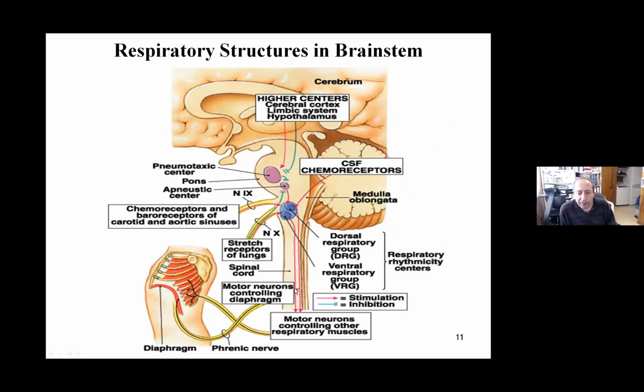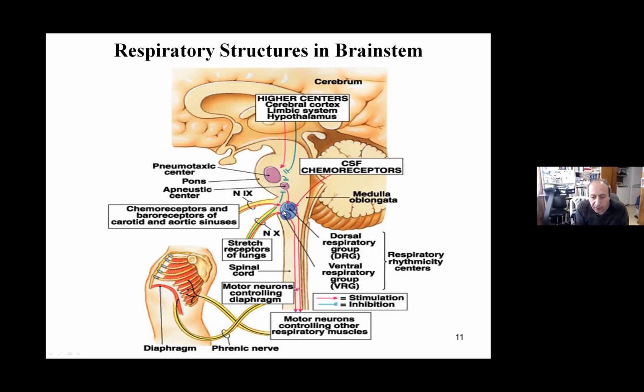This is a schematic that shows the different inputs that control the respiratory pattern generation. You have in the medulla the ventral respiratory group and dorsal respiratory group, and in the pons the pneumotaxic center and the apneustic center.